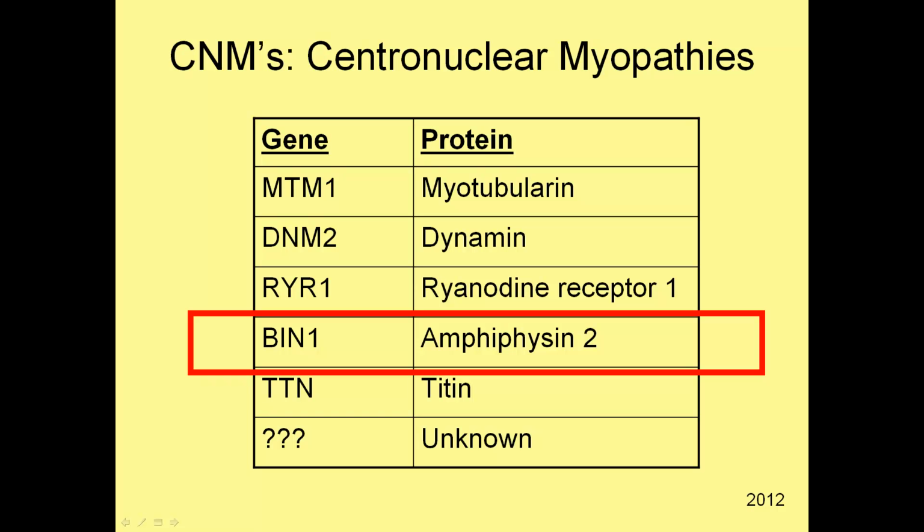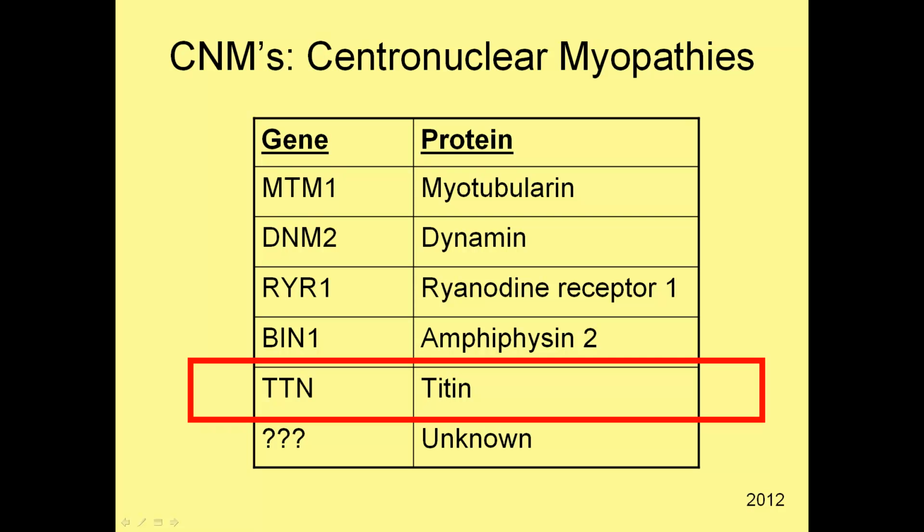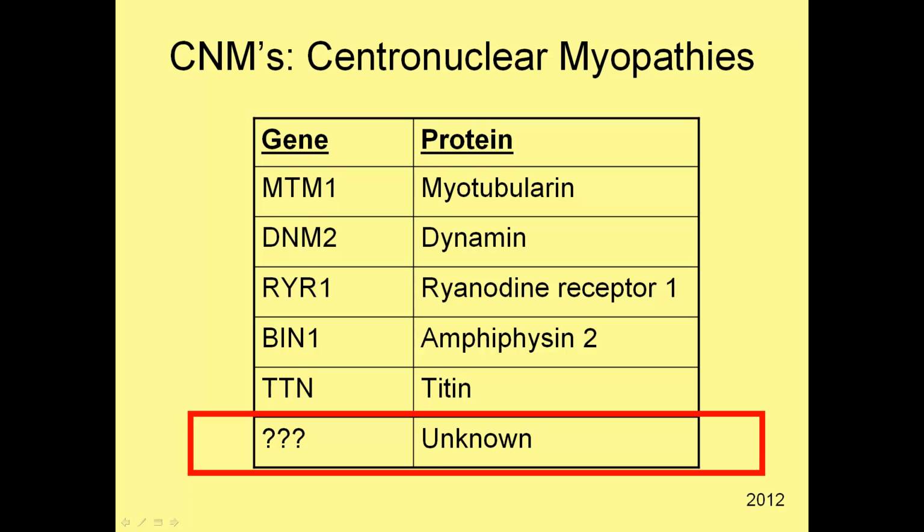The next gene is BIN1, which codes for a protein called amphiphysin 2. The next gene is called titin, which codes for a protein called titin. And then there are other genes that have not yet been identified; ongoing research is looking for other genes and proteins involved in causing centronuclear myopathy.